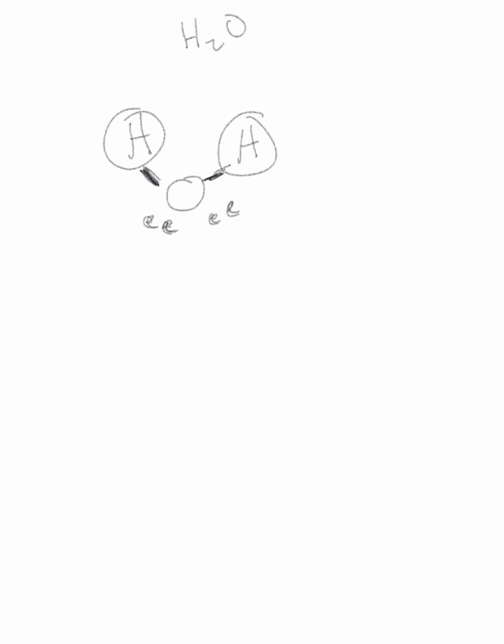Now, oxygen has a relatively strong electronegativity compared to that of hydrogen. It's still covalent, but it's polar covalent. So the hydrogen's electrons are pulled towards the oxygen more than they spend time around the hydrogen.